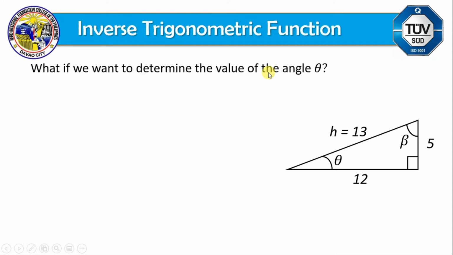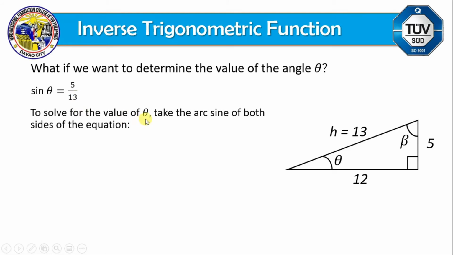Now, what if we want to determine the value of angle theta? How many degrees is this angle? To find that, we just get one trigonometric function. For example, we take the value of sine theta, which is equal to 5 over 13 from earlier. To solve for the value of theta, we take the arc sine of both sides of the equation, or we take the inverse trigonometric function.